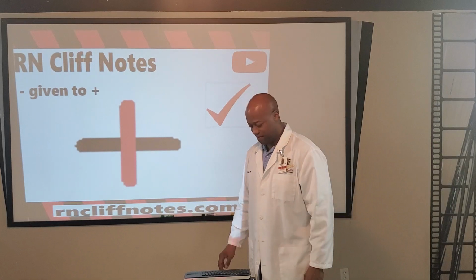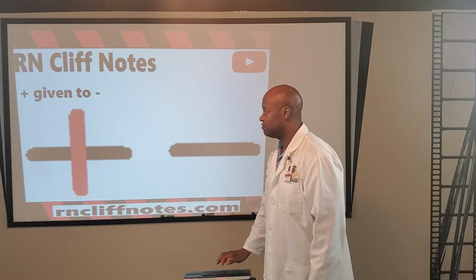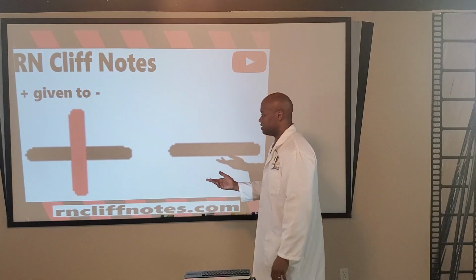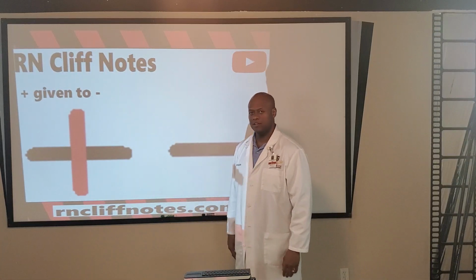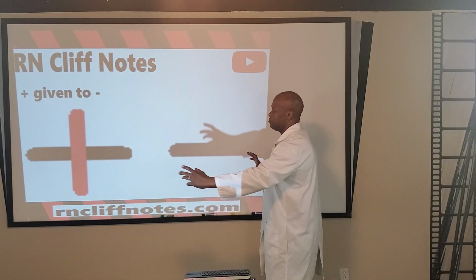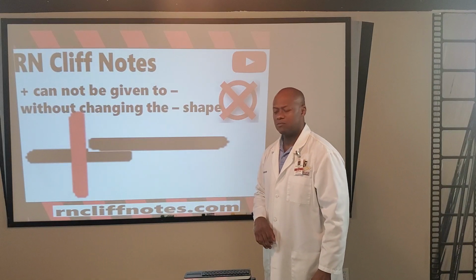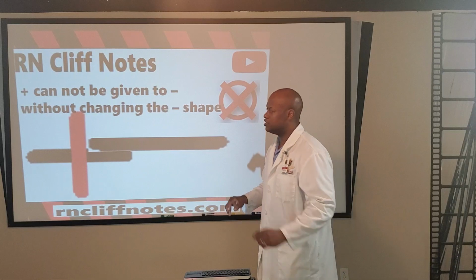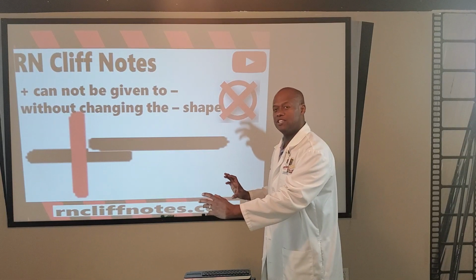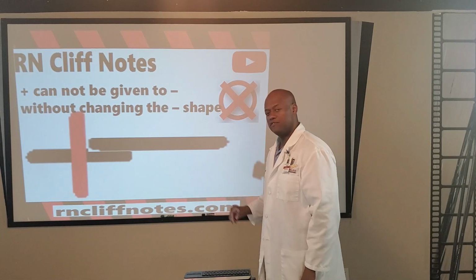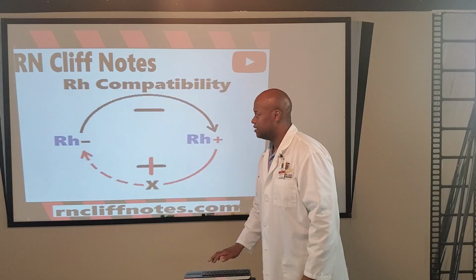Okay, we're good. But now, what if our patient is negative and our donor happens to be positive? Oh boy. If we push those signs together, it doesn't work. The donor's positive sign is going to change the shape of our patient's negative sign. Doesn't fit.